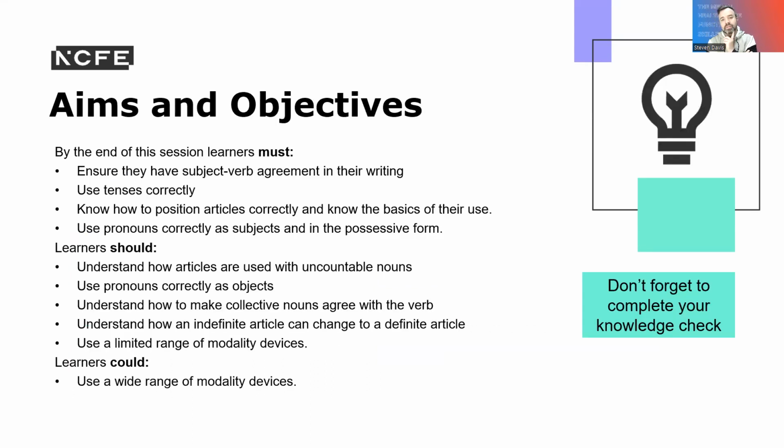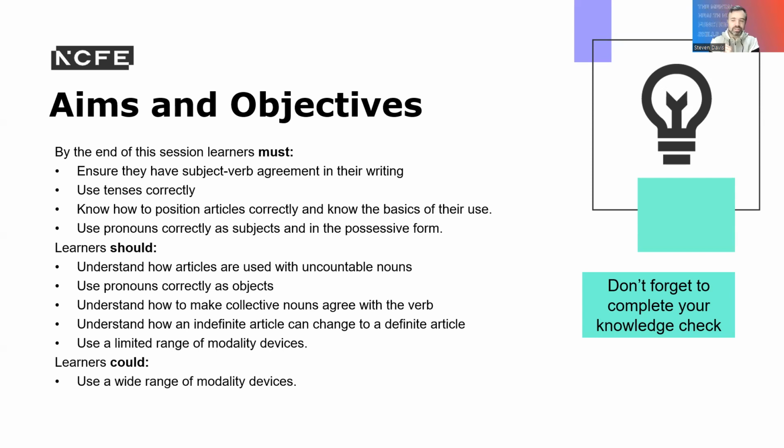Good. So the aims and objectives for today: by the end of the session, learners must ensure that they have subject-verb agreement in their writing, use tense correctly, know how to position articles correctly, and know the basics of how they're used. Use pronouns correctly as subjects and in the possessive form.